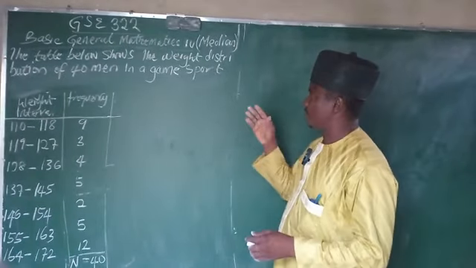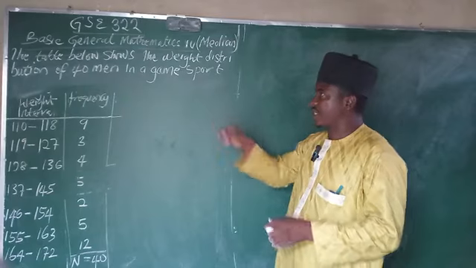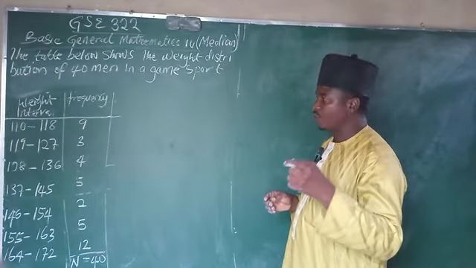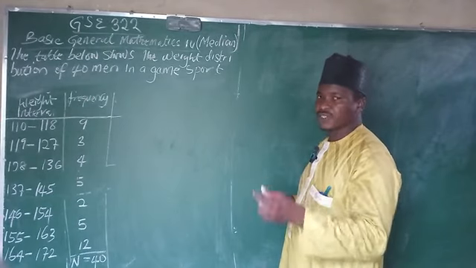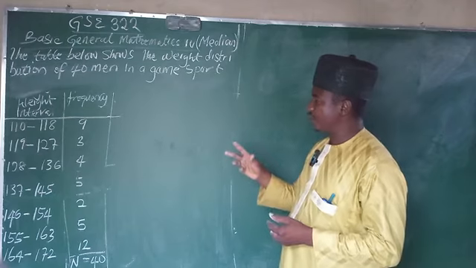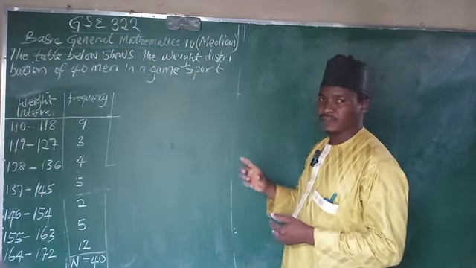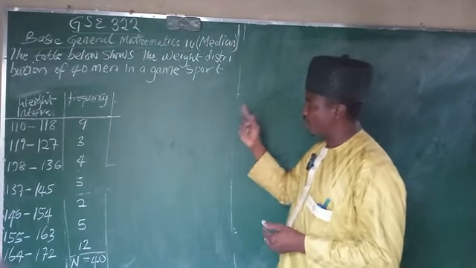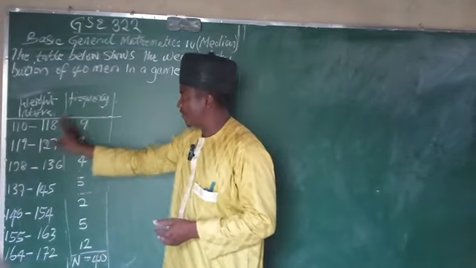Let us refer back to the first lecture in GSE 322, where we learned about the frequency distribution, that is the process of presenting raw data into a table. That process was followed to bring about this table.